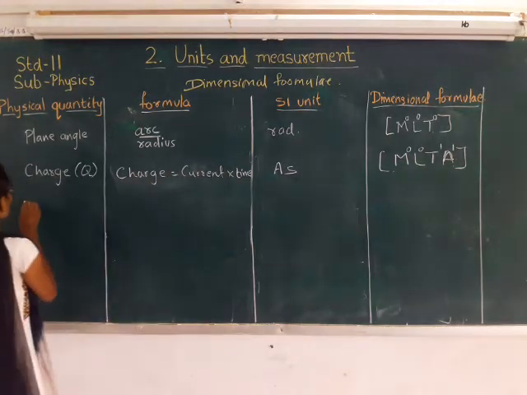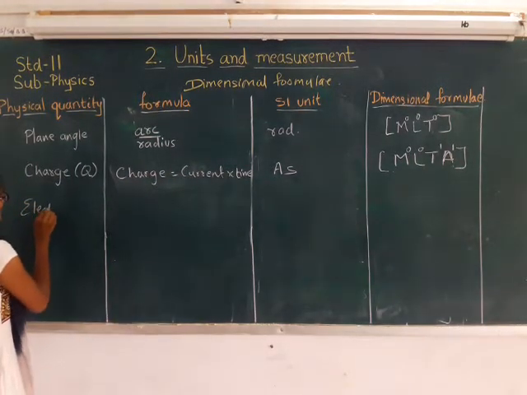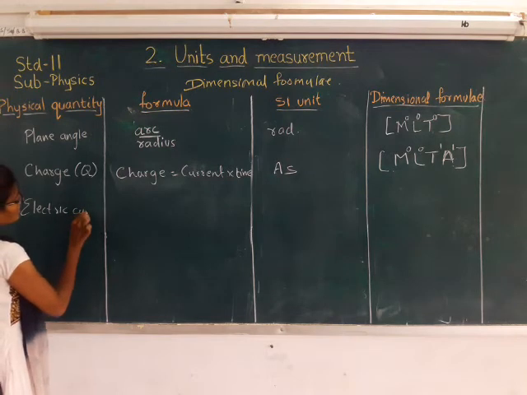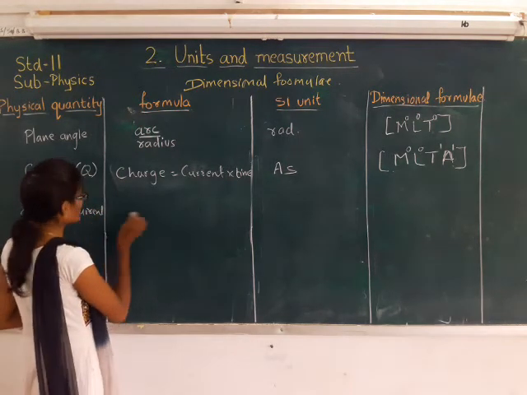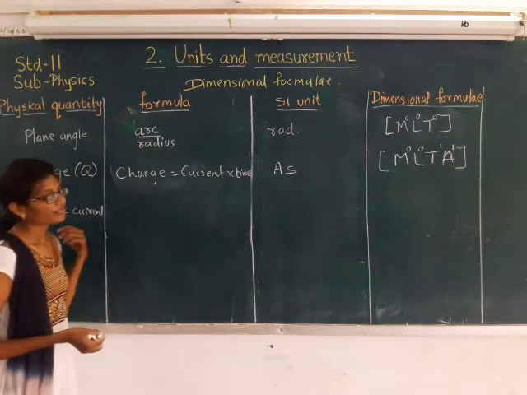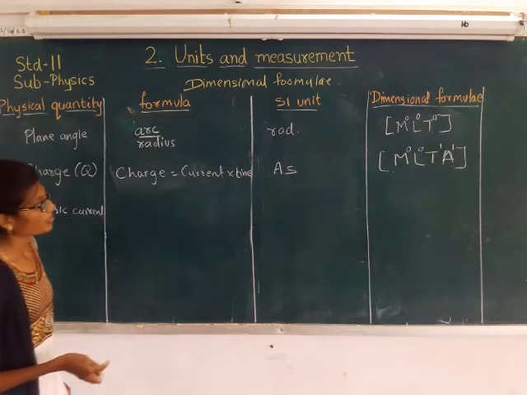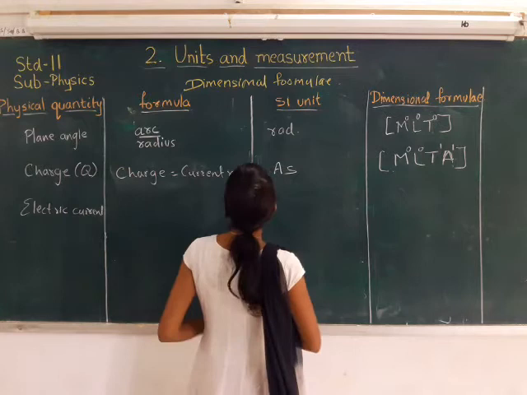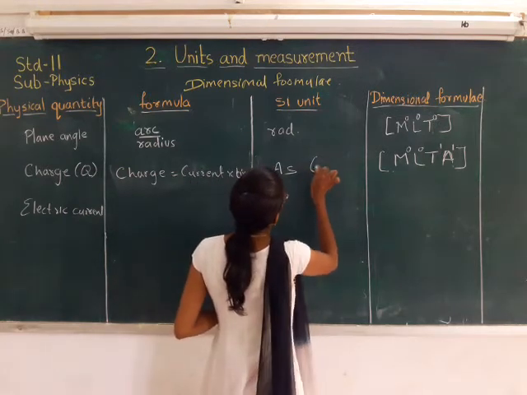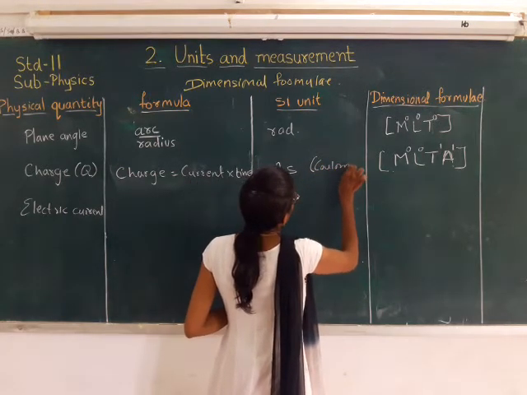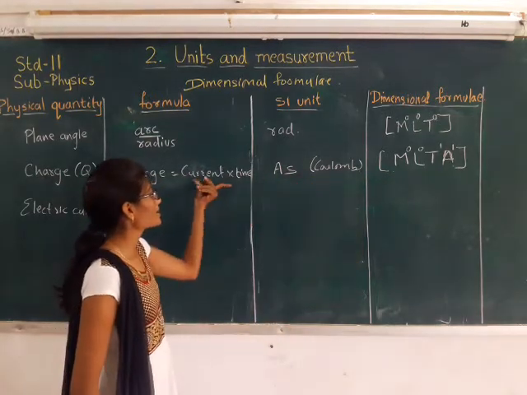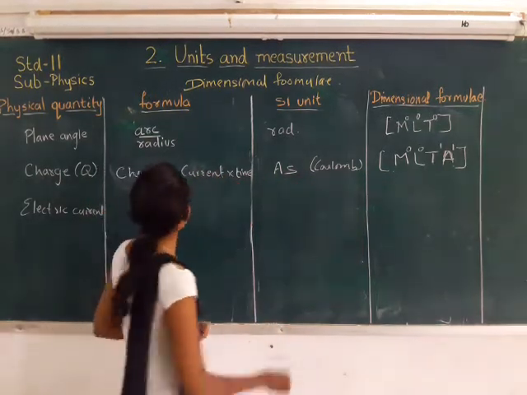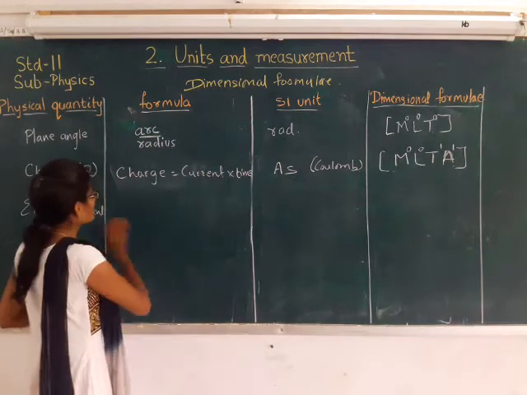Okay. Now talking about electric current. Simply we are writing the dimensional formula over here. Here the SI unit for charge is written as coulomb, but this unit I have written by the formula. Okay. Now electric current, right?